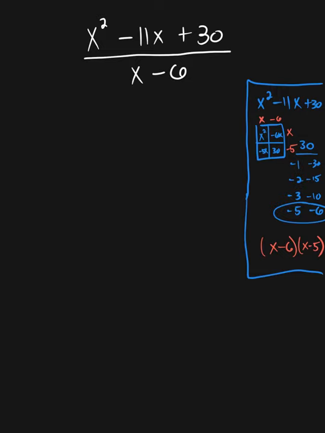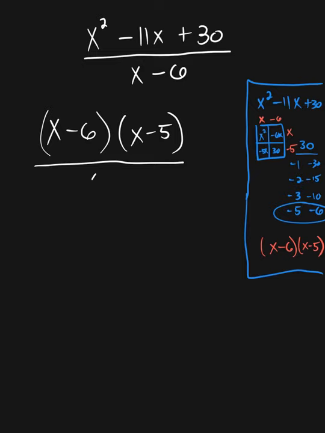And so up here in my original equation, I'm going to replace this x squared minus 11x plus 30 with x minus 6, x minus 5. I'm going to do that real quick. x minus 6, x minus 5, and then all of that is over the original x minus 6.